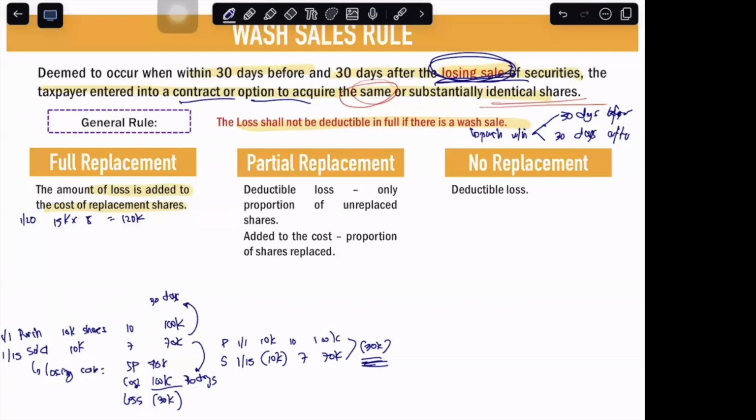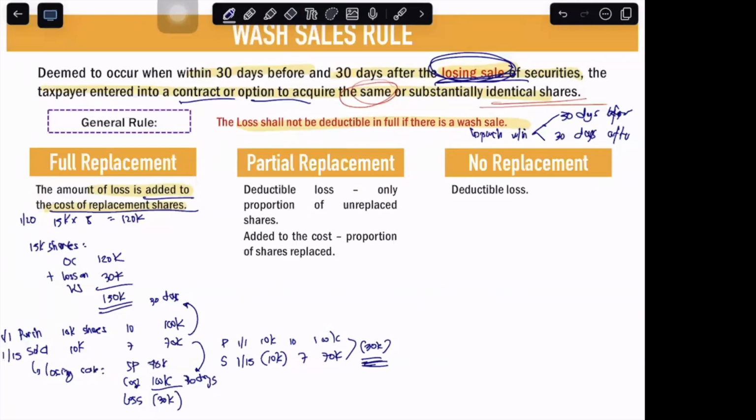What will happen to the loss? The loss is added to the cost of replacement shares. So therefore, the cost of the 15,000 shares now is equal to the original cost of 120 plus the amount of loss on wash sale amounting to 30K. So the total cost of the shares now is 150,000. That is if there's a full replacement.